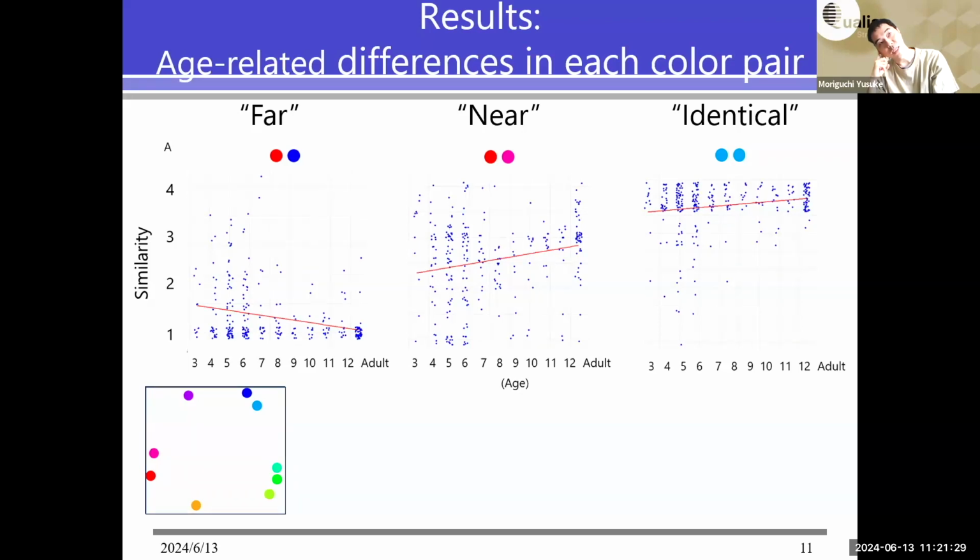But this adult group is generally based on Japanese participants. So if we include other cultural groups as well, maybe we can clearly answer your question. But right now, we don't have a good answer.